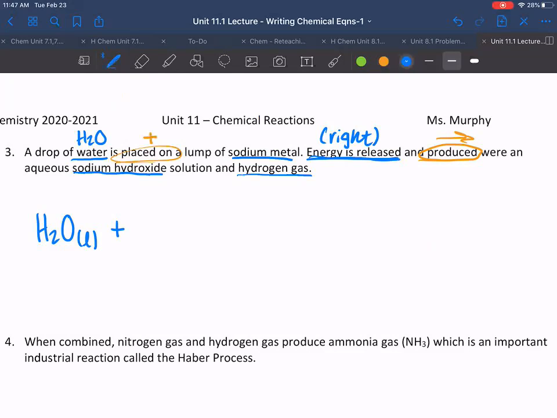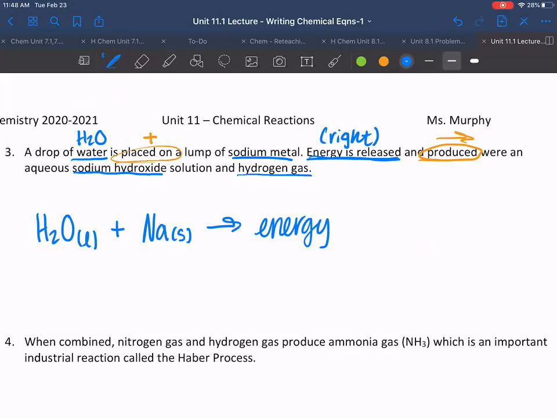So it's placed on a lump of sodium metal. How do you think we write sodium? Na. And what state? Solid. Now we're producing. Since I don't want to forget energy, it doesn't matter where on either side. So let's say I determine energy has to go to the right of the arrow. I'm going to put energy down before I forget to do that.